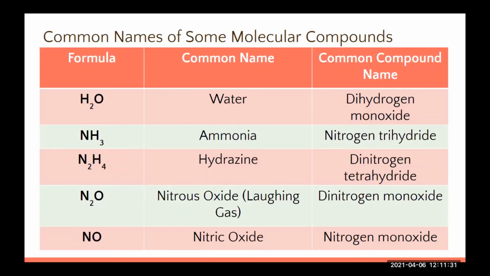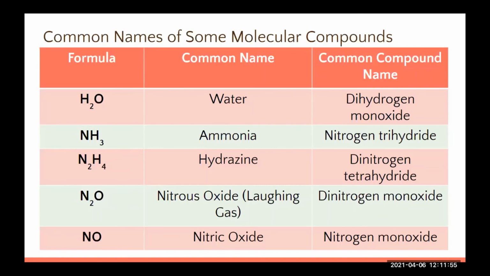One of my students has told me that there is an actual petition on change.org to ban dihydrogen monoxide. And so I think it's really important that students know some of these common names so that you can go back and forth between them and not be fooled by someone using a proper name. So water is dihydrogen monoxide.